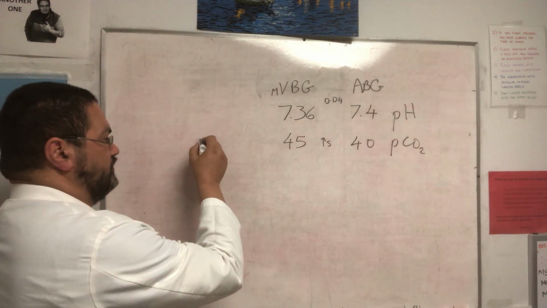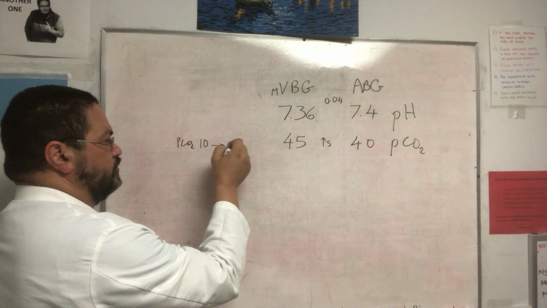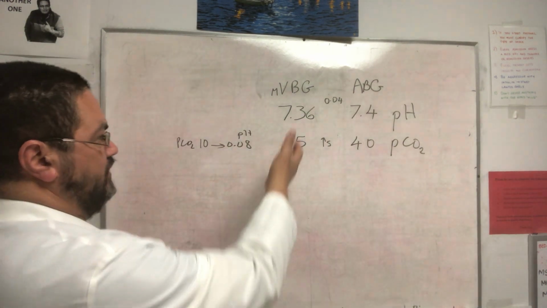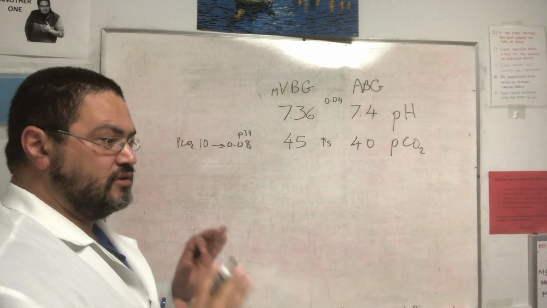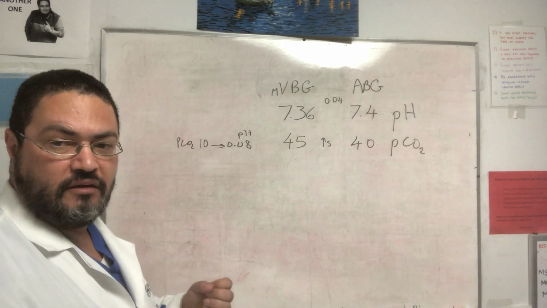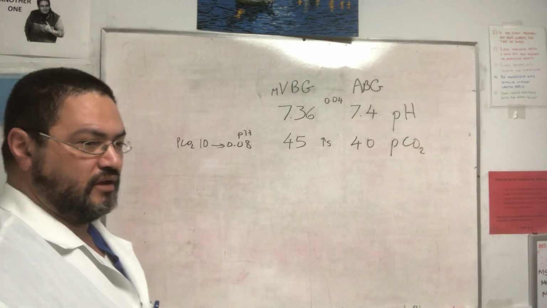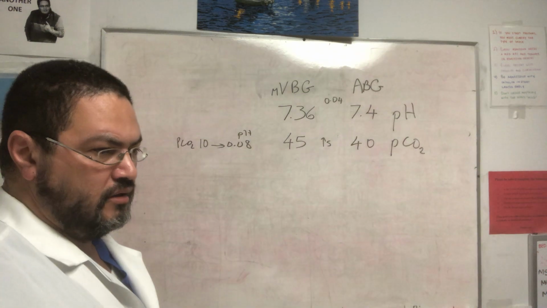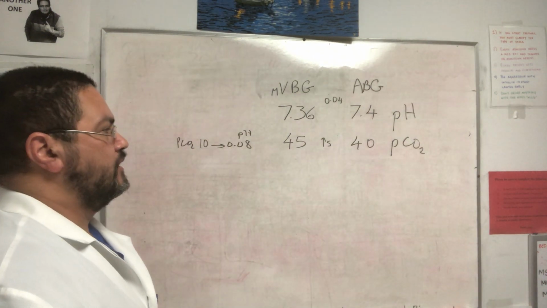As we said before, every 10 change in the PCO2 results in a change of 0.08 in the pH. So that's why 5 results in 0.04 in the opposite direction. That's a no brainer. So if you just remember, so you don't keep forgetting things, that the VBG is higher than the ABG by 5 in the PCO2, then you can make up the whole thing, right? So that's the relationship between mixed venous blood gas and arterial blood gas, okay?